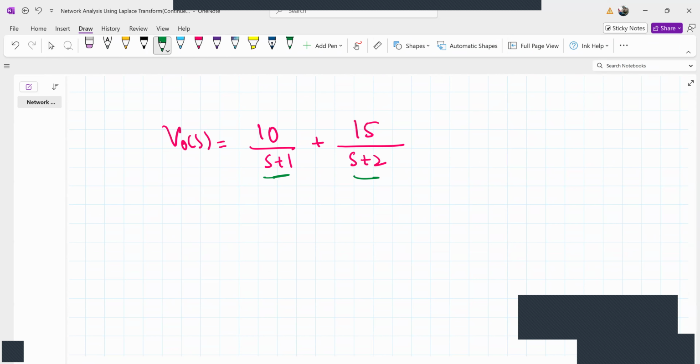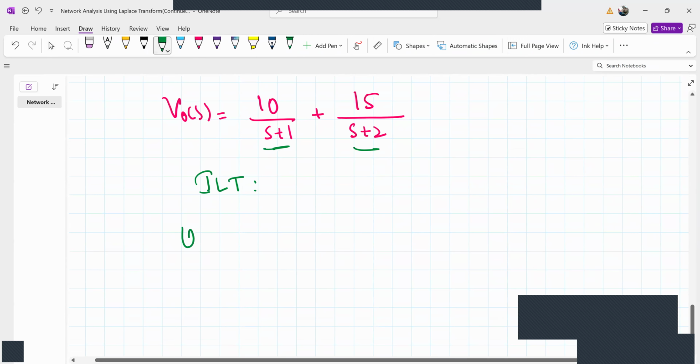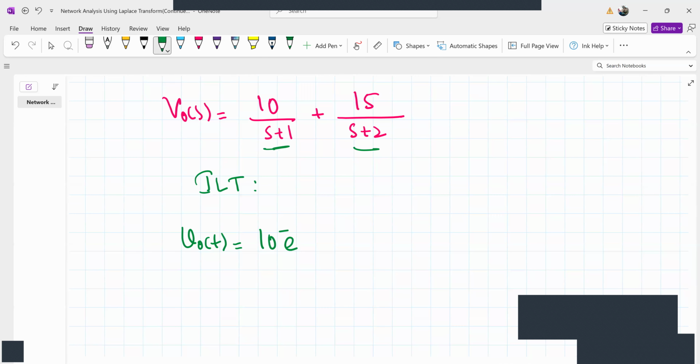The inverse Laplace transform of V naught of S, V naught of t, is equal to 10 e to the power of minus t u of t, since 1 by S plus 1 has Laplace transform e to the power of minus t u of t, plus 15 e to the power of minus 2t u of t.